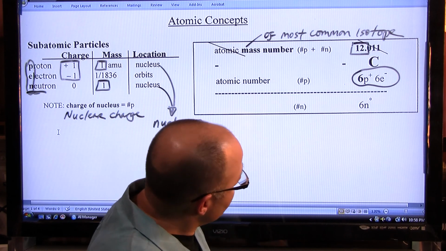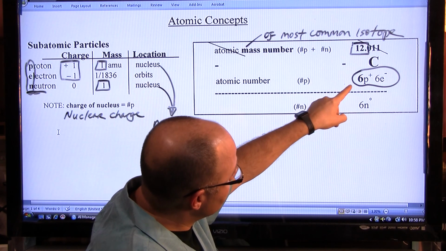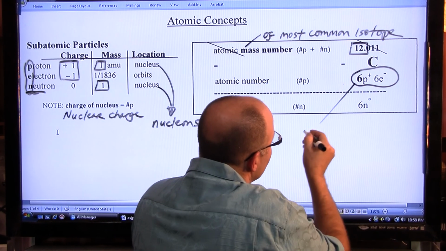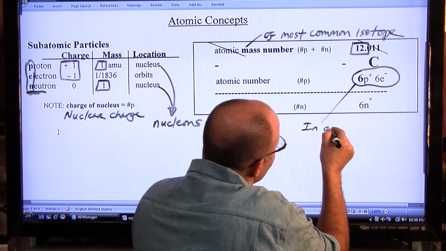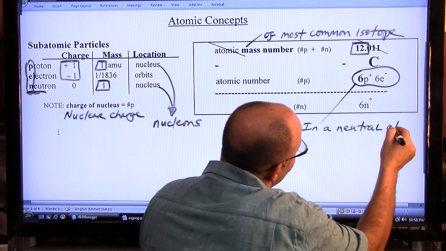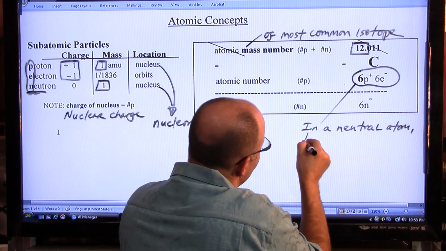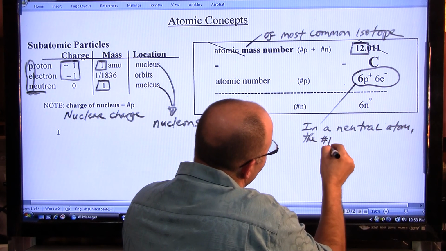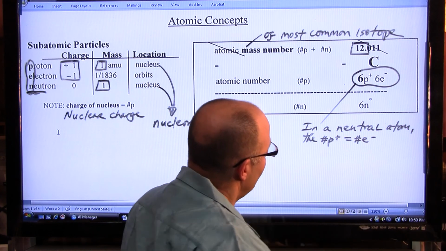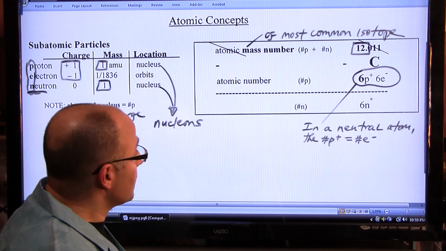It becomes a mass number. Top number minus the bottom number gives us the number of neutrons. Let's put that in here. In a neutral atom, number of protons is equal to the number of electrons, since the positives and negatives will cancel.